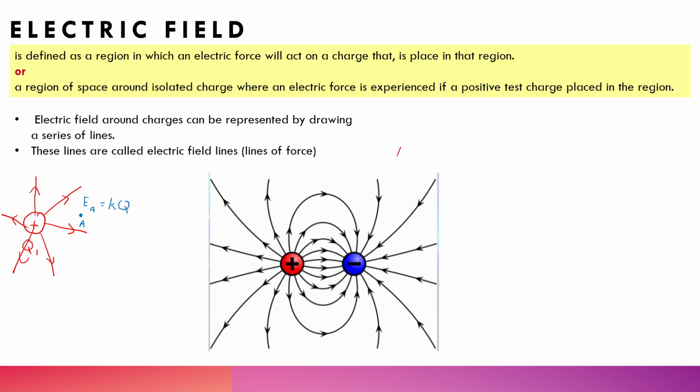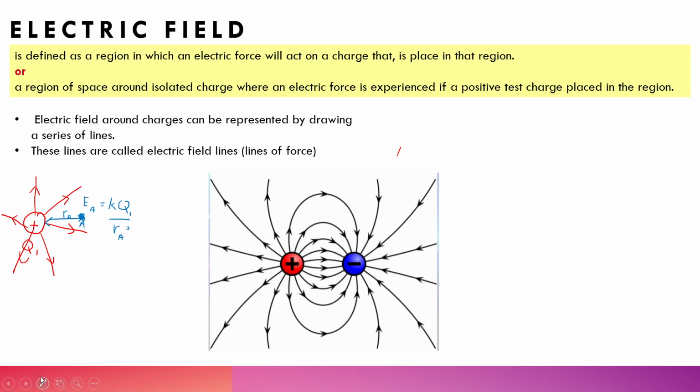Q here is the charge that refers to the first charge here, Q1, over RA squared, where RA refers to the distance between the charge and this point A. So this is RA. So we can calculate what is the electric field strength at this point.